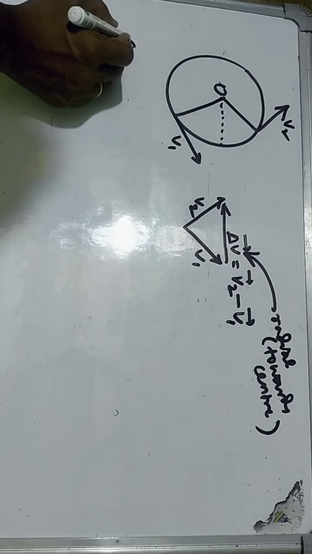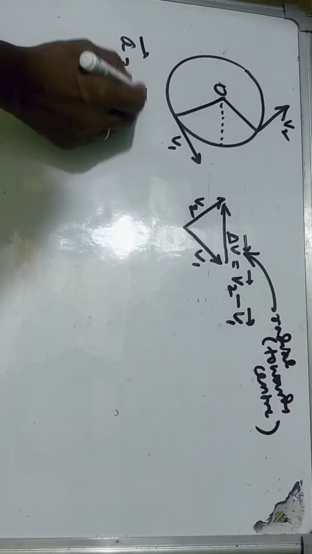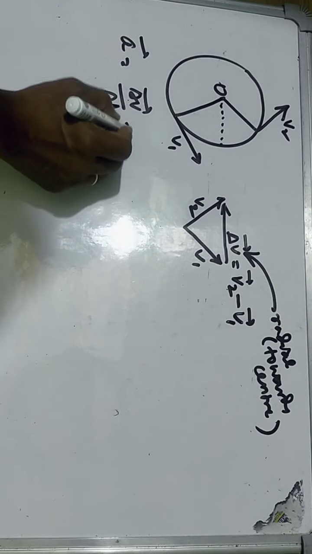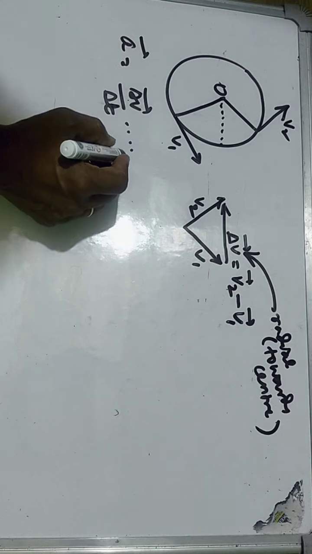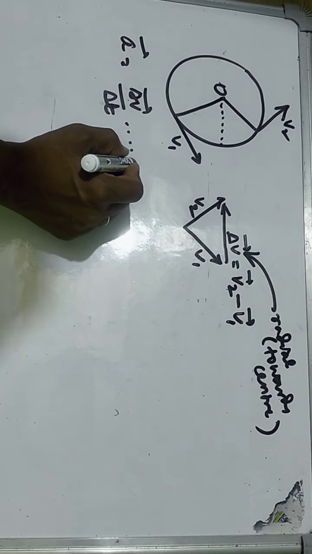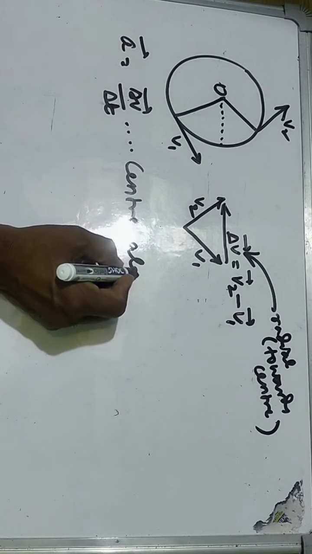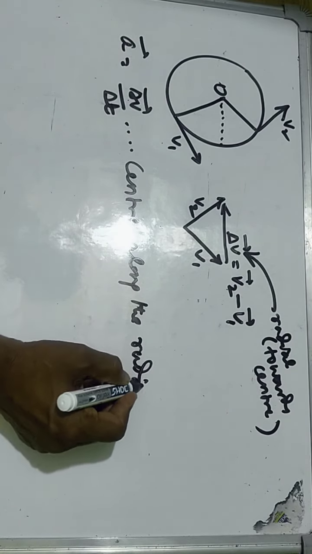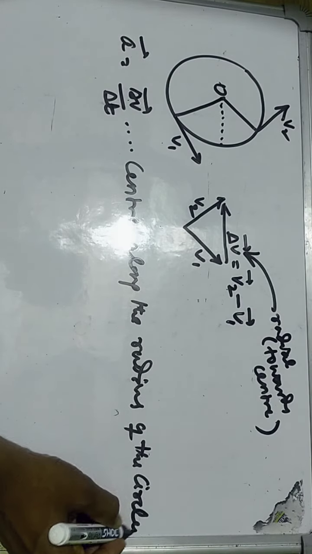Acceleration is delta v by delta t. Again, the direction of this a is towards the center along the radius of the circle.